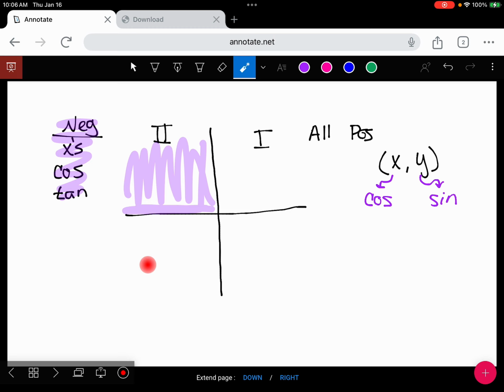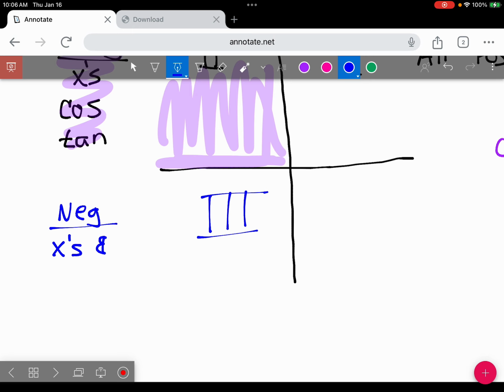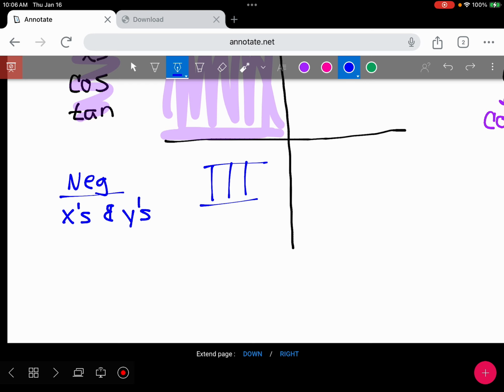What's this guy? 3, quadrant 3. What is negative in this space? Our x's and y's. So, which trig functions? Sine and cosine, right? So we've got our cosine and our sine.